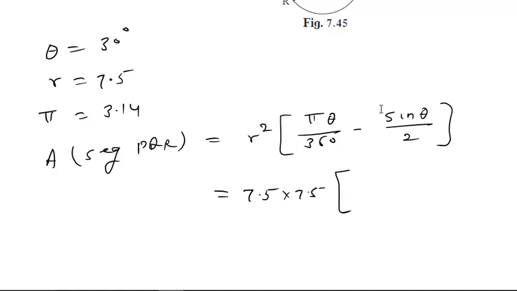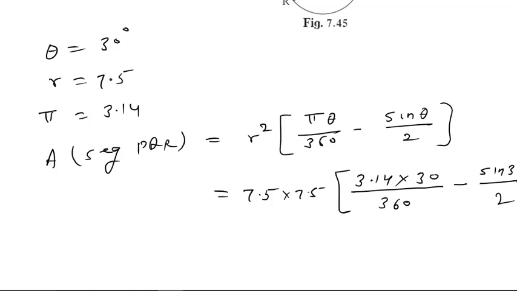The value of pi is 3.14 into the value of theta, which is 30, divided by 360, minus the value of sin theta. The value of sin theta means sin 30, it is sin 30 upon 2.